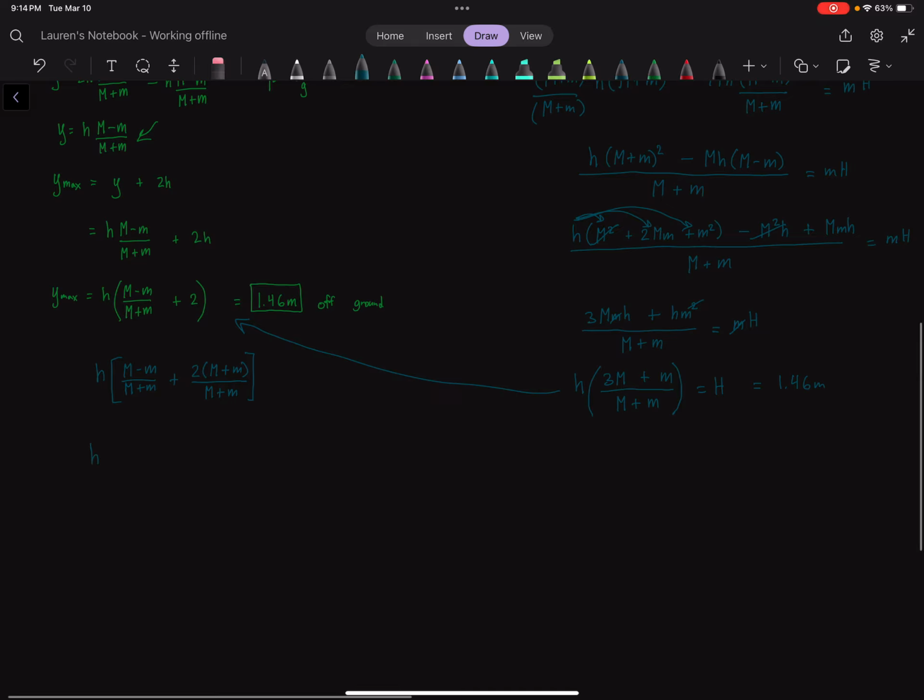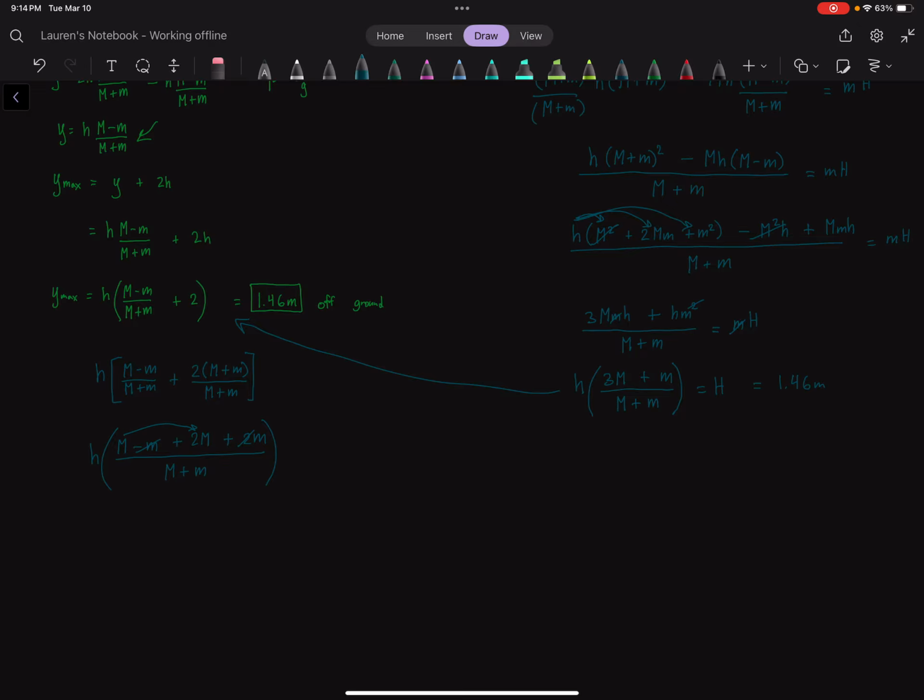So we have an h out front. Then we have big M minus little m plus 2 big M plus 2 little m. All right. And common denominator, big M plus little m. I think this is working out. So this is going to cancel with that guy.